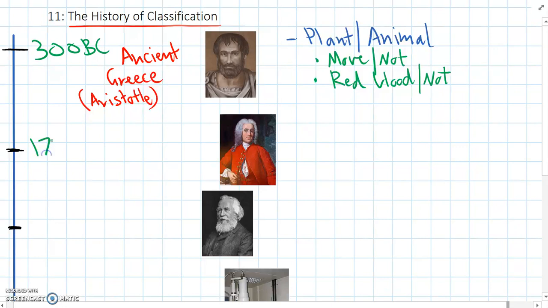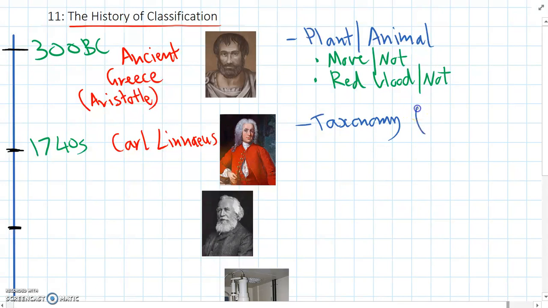Next, we'll move along to the 1740s, about 2,000 years ahead, and this is to a scientist called Linnaeus, and he's one of the most famous scientists to do with classification because he invented taxonomy, which are the 7 levels that we've learnt about.